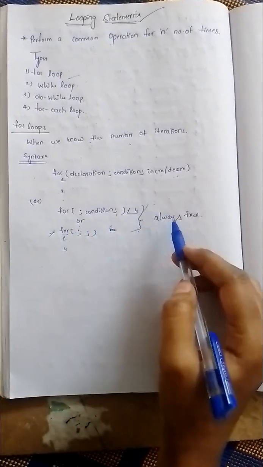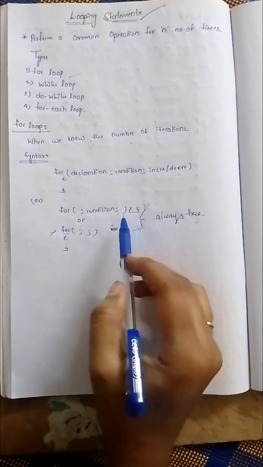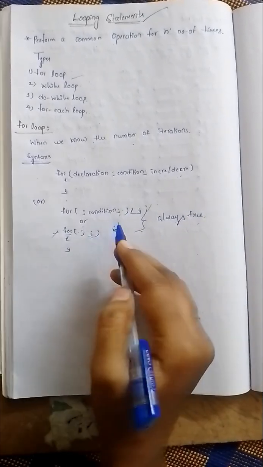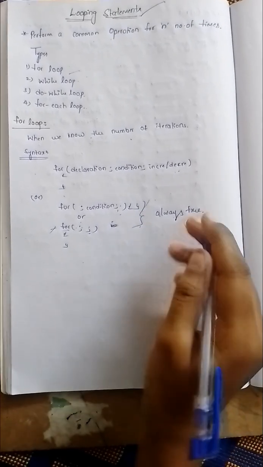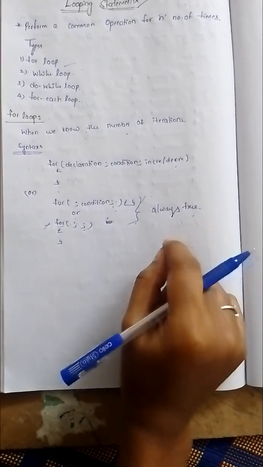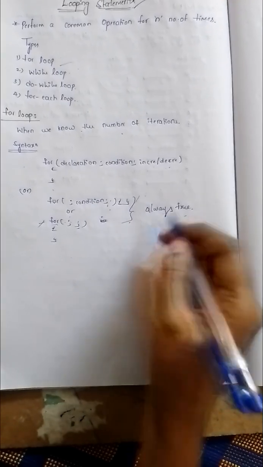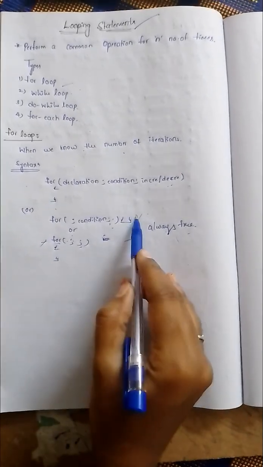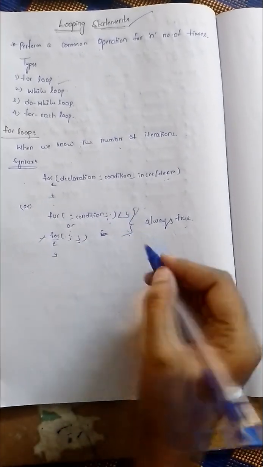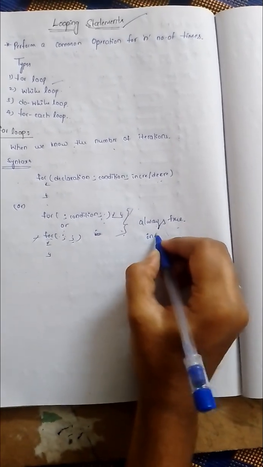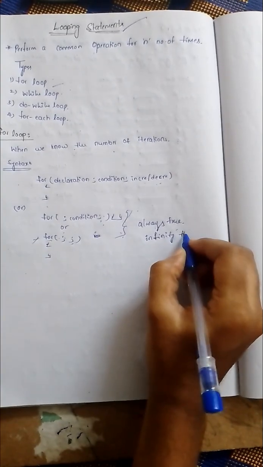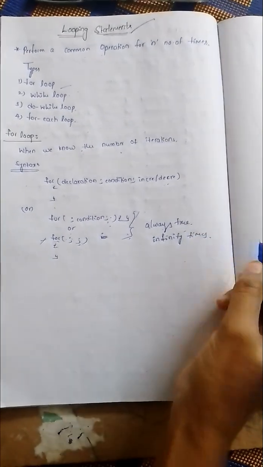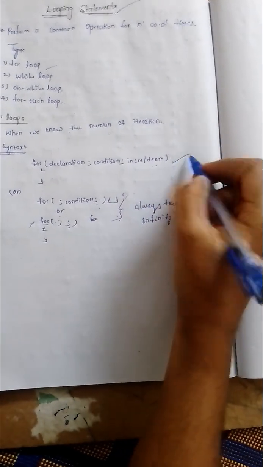In these two cases, the condition is always true because in these two syntaxes we are not providing any increment or decrement operator, so the value of the variable does not change. In these two cases, the loop iterates infinite times. We can use this syntax in programs.